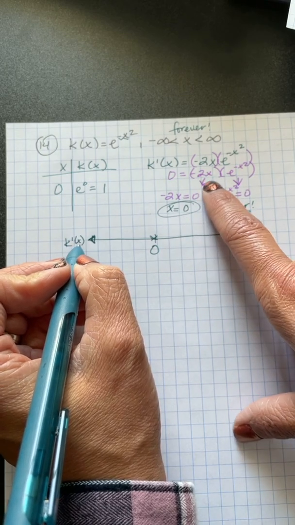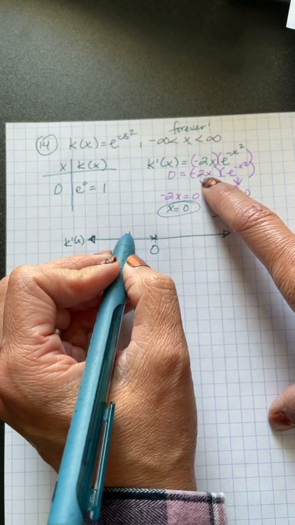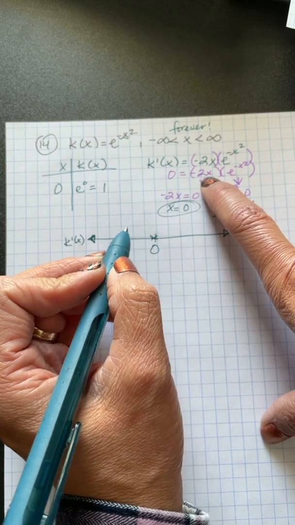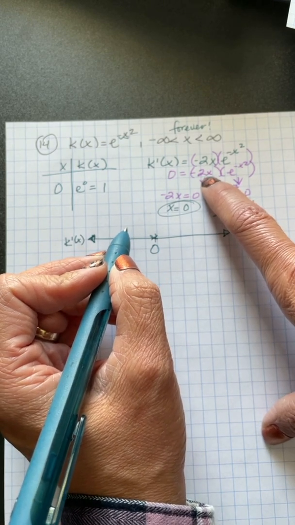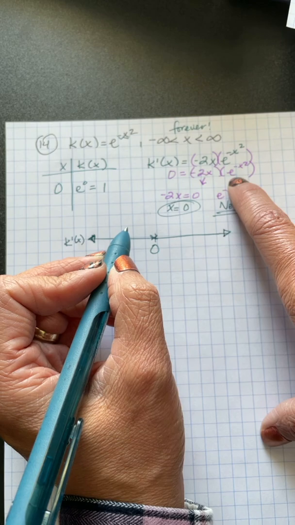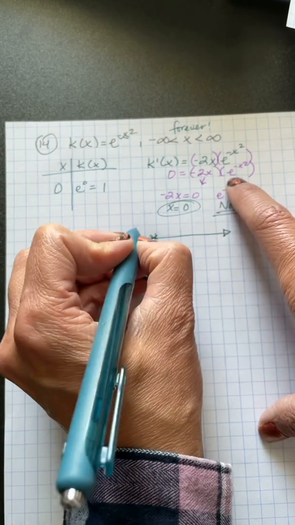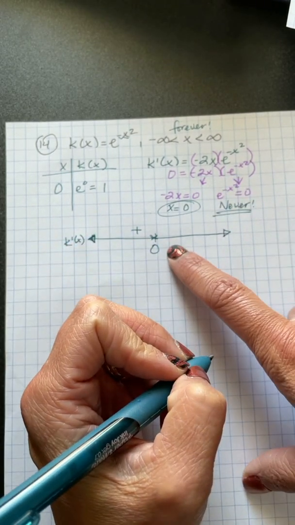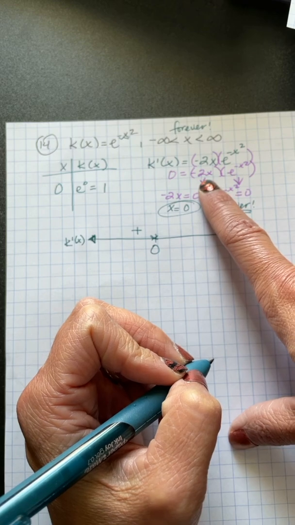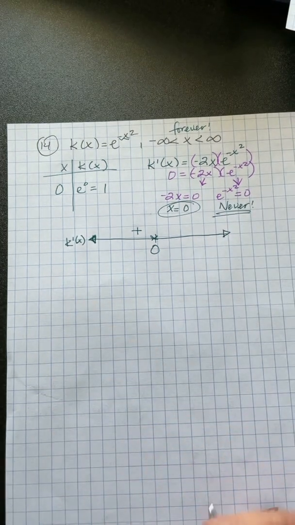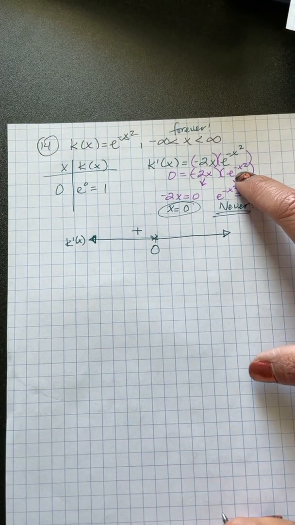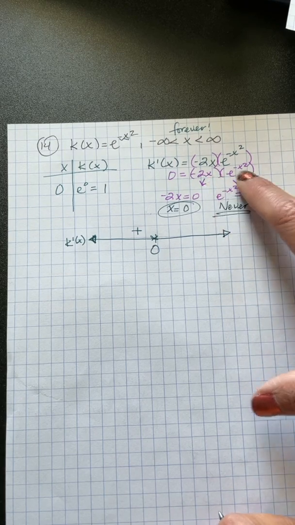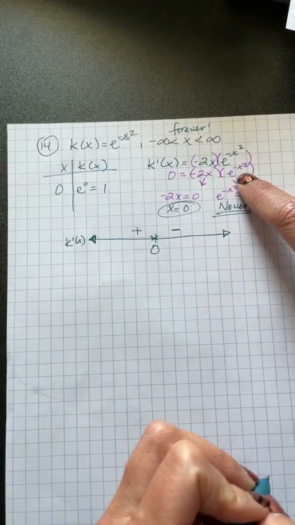If we plug in a negative 1 for x, negative 2 times negative 1 is a positive 2. And then this will always be a positive number. So we have a positive times a positive, so this is positive. If I plug in a positive 1, negative 2 times 1 is a negative 2. And e to any number is still going to be a positive number. So we have a negative times a positive, which is negative.